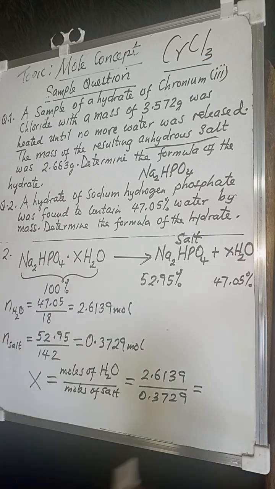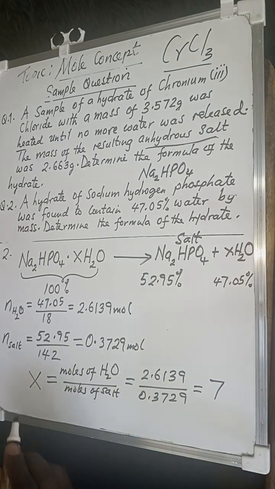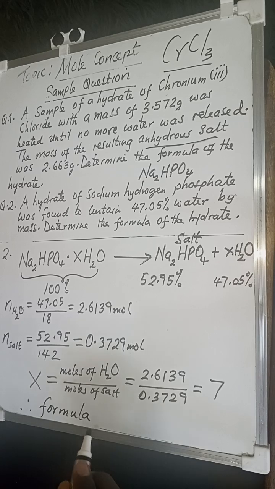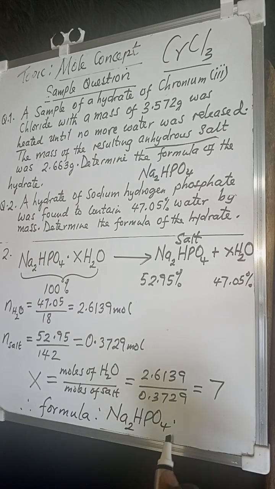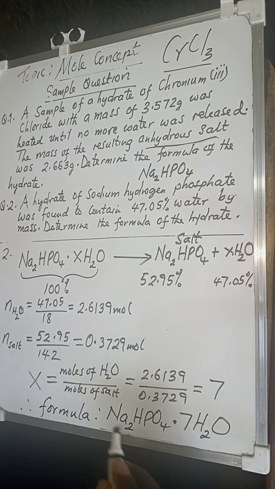What is that giving us? Well, it is just giving me a 7. Therefore, I can conclude that the formula of the hydrate is Na2HPO4 dot 7 water. Remember that dot is indicated just to separate the salt and the water incorporated into the crystal lattice.